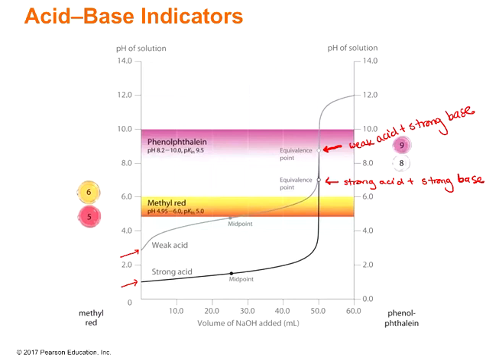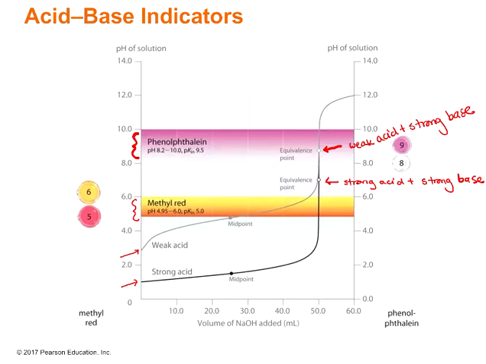And if we're going to use an indicator for our titrations, we want an indicator that falls within that equivalence point range. So if we look at the range for phenolphthalein and the range for methyl red, both of those do fall within the right range for the strong acid and strong base titration curve.